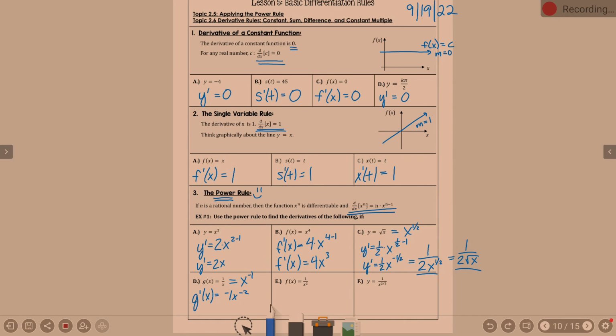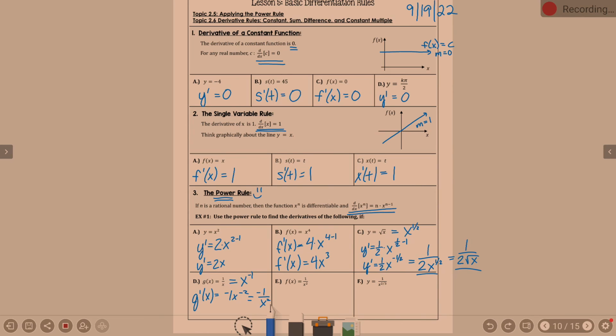Are we going to leave it as -1x to the -2? No, we're going to say what? -1 over x squared. Okay, 1 over x squared.